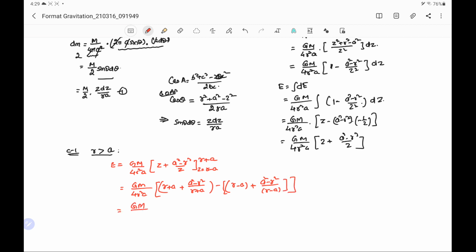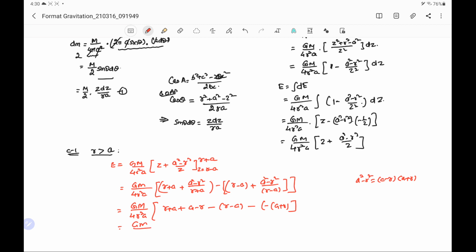Opening the brackets, this will give r plus a plus, here it is a square minus r square. A square minus r square can be written as (a minus r) into (a plus r), and this a plus r will be cancelled out, remaining a minus r. Then minus of r minus a, and minus of, again it is (a minus r) into (a plus r), and the a minus r is cancelled, so it will be minus of a plus r.